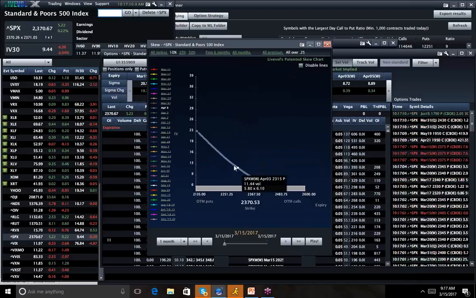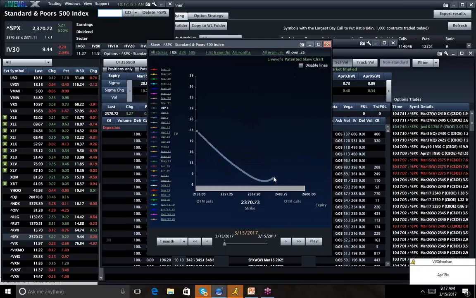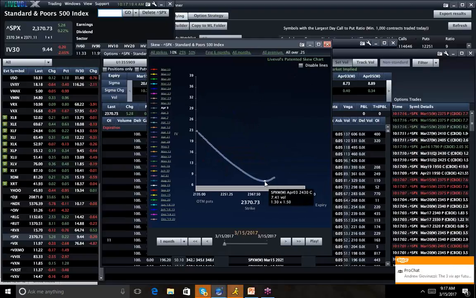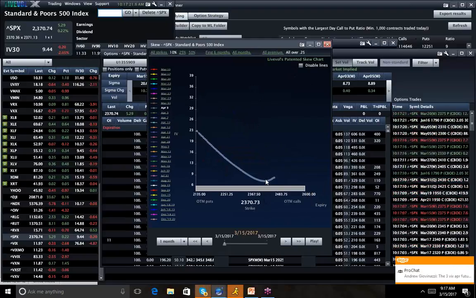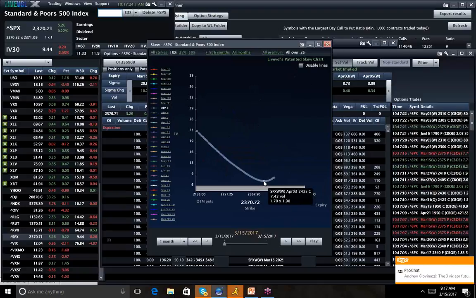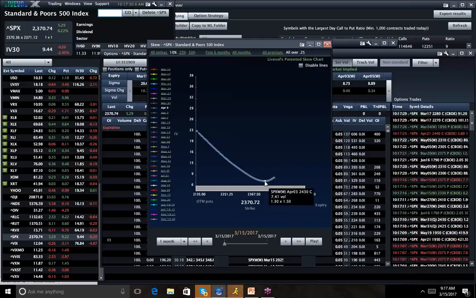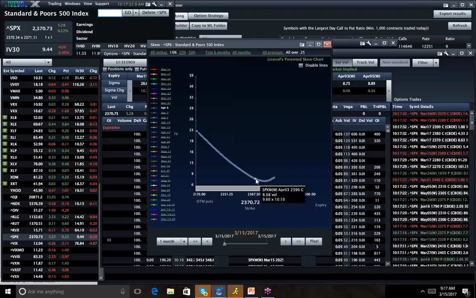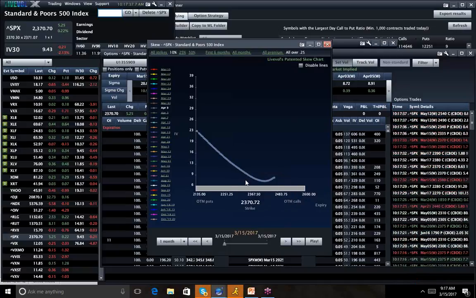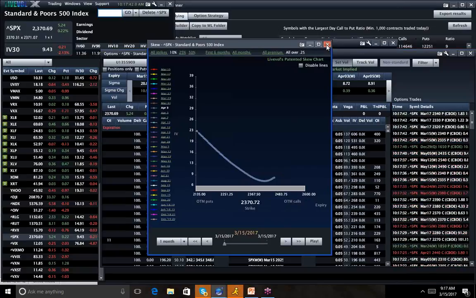And what you'll notice is that calls, right, so here we're at 2370, calls are not nearly as expensive as puts. All right. So if I have two strikes equal distances away, but one has a higher volatility, it's going to produce a different delta.